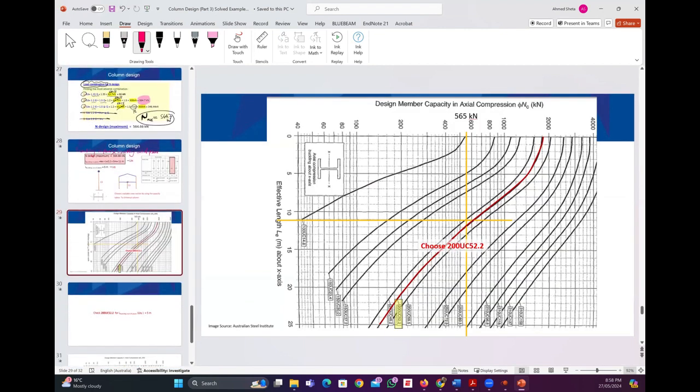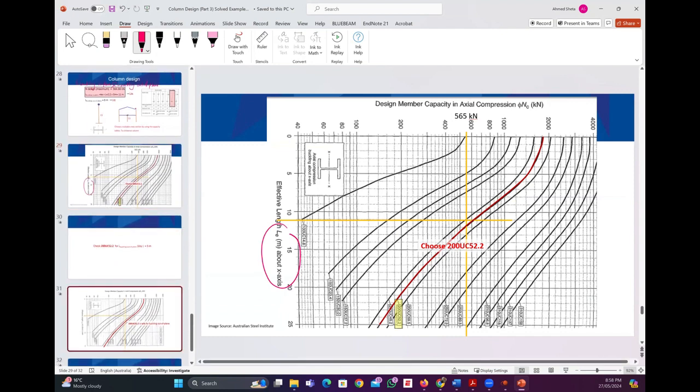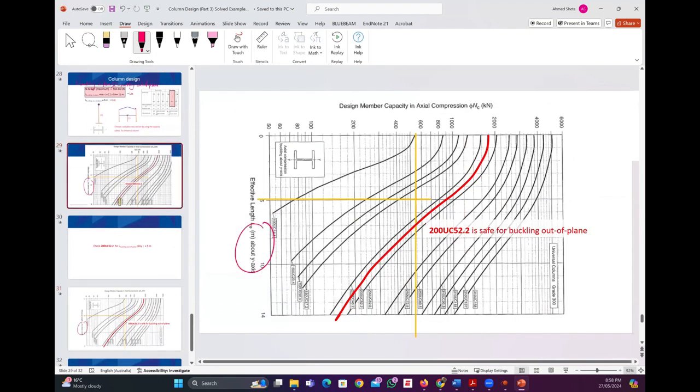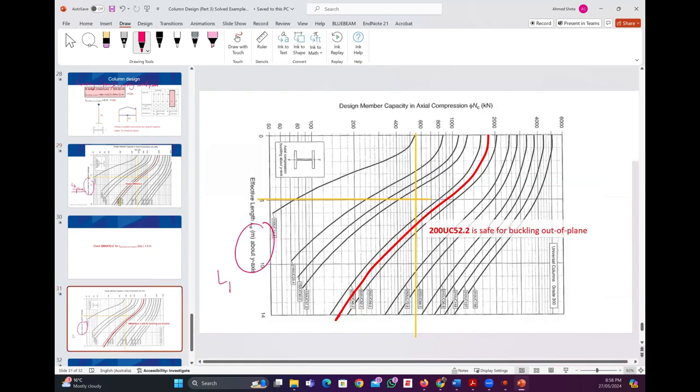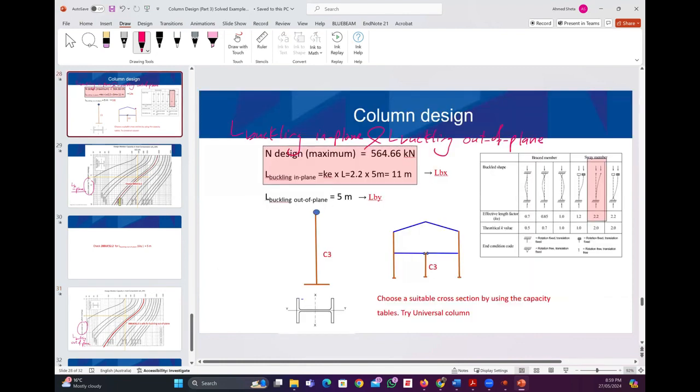If you look at the chart, we have 2 charts. One chart is for L buckling in plane, or about the x-axis. Can you see this chart? This is L buckling in plane, and this chart is L buckling out of plane. So you need to find 2 values of L buckling.